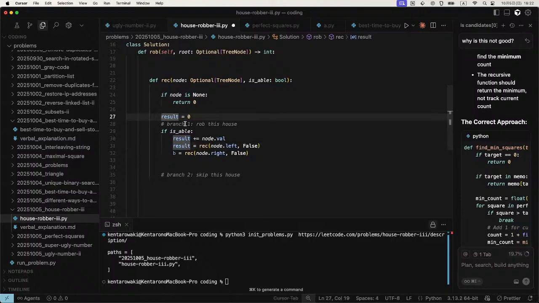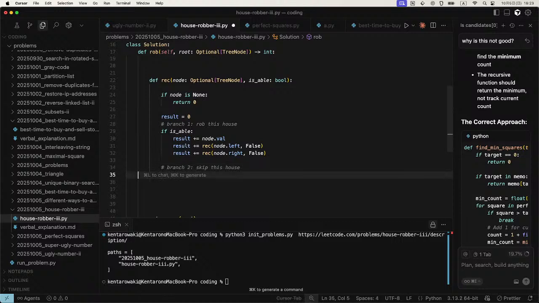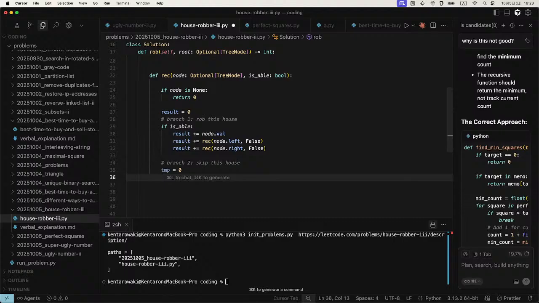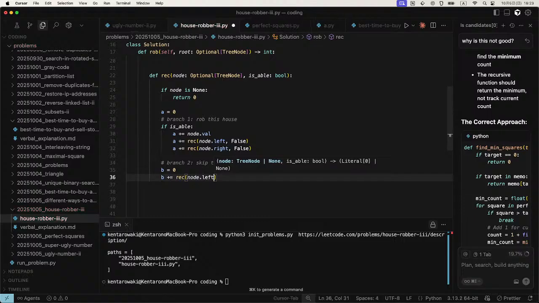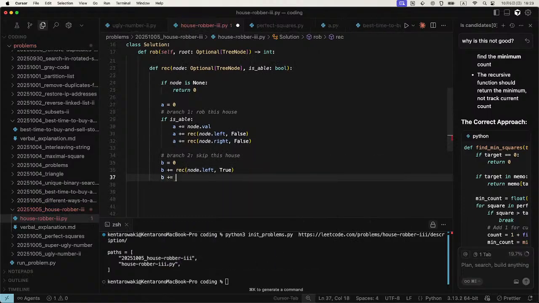Result 1, result for branch 2. For branch 1 and for branch 2, with able true on the right.